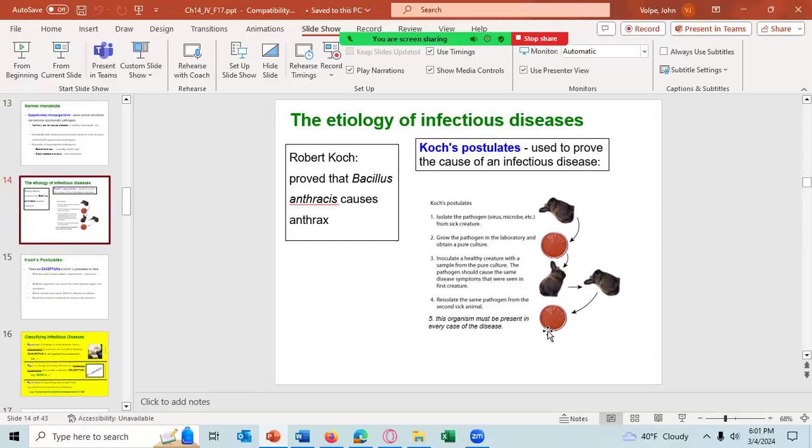Although you could look to see if all cases of salmonellosis are caused by salmonella, and they probably have done that. And then all cases of typhoid fever are caused by salmonella. But the point is there's more than one disease that is caused by the same microbe.